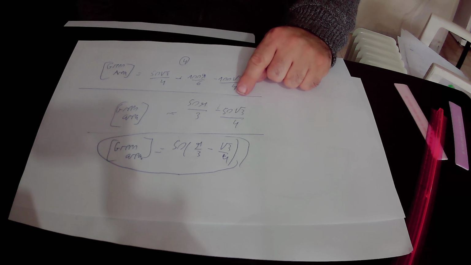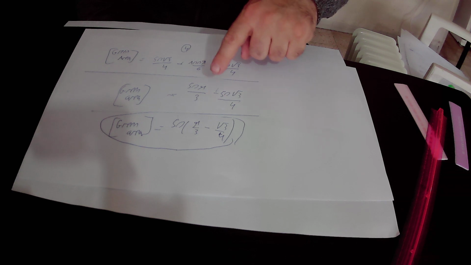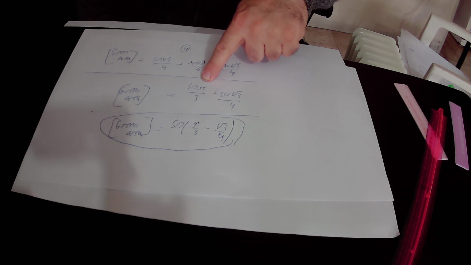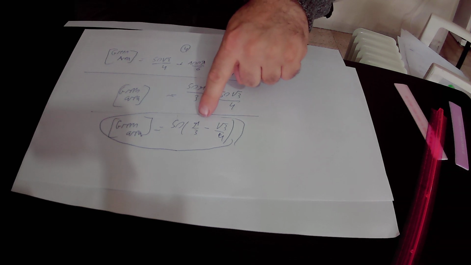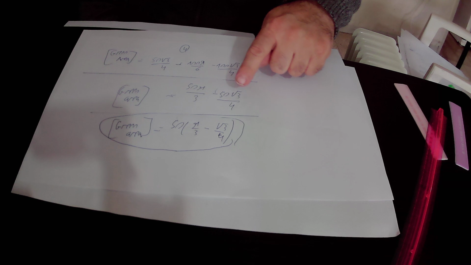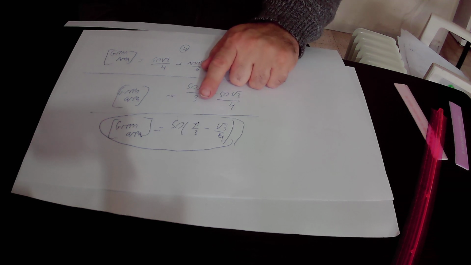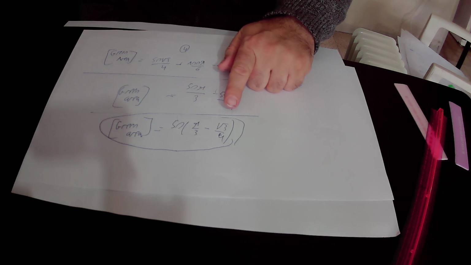Here we took 50 out as a common factor of those two expressions, and what is left is pi over 3, and minus square root of 3 over 4. So the area of the green shape according to the second method equals 50 times pi over 3 minus square root of 3 over 4 square units.